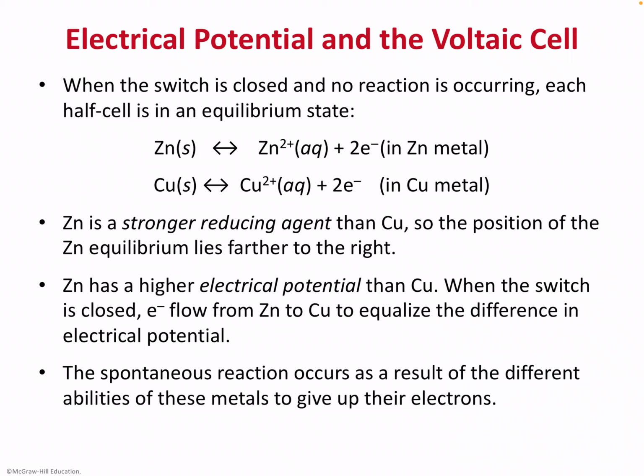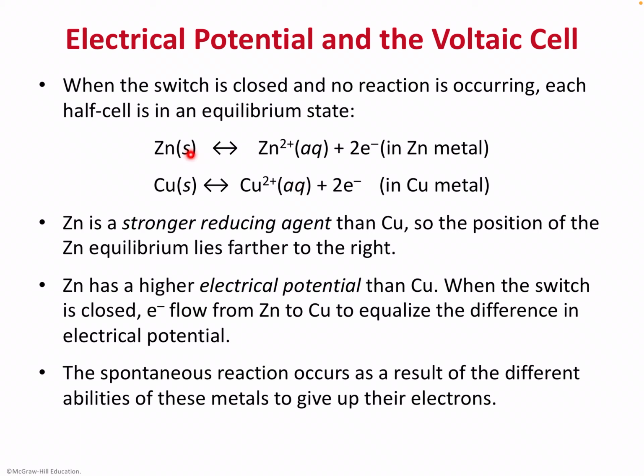So when the switch of the electrochemical cell is closed and no reaction is occurring, each half cell is in equilibrium state. So the electrons will start flowing if the switch is on. When it is closed, we have two half reactions, each one in equilibrium.